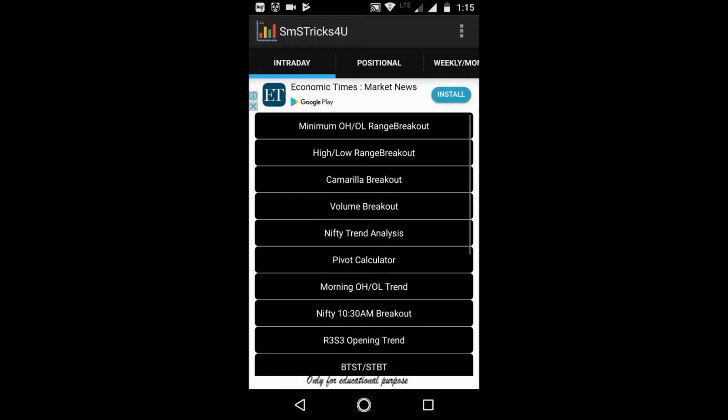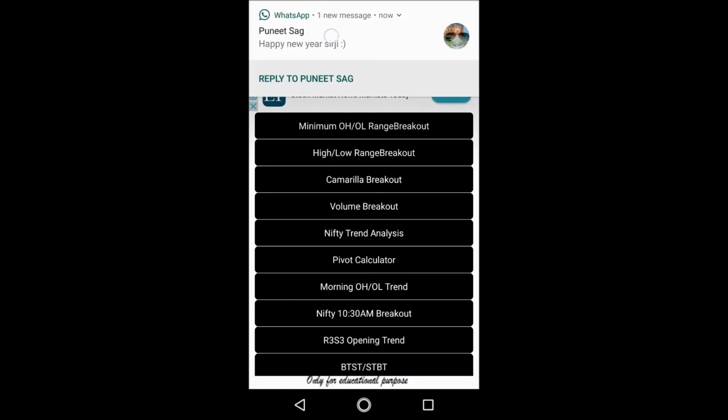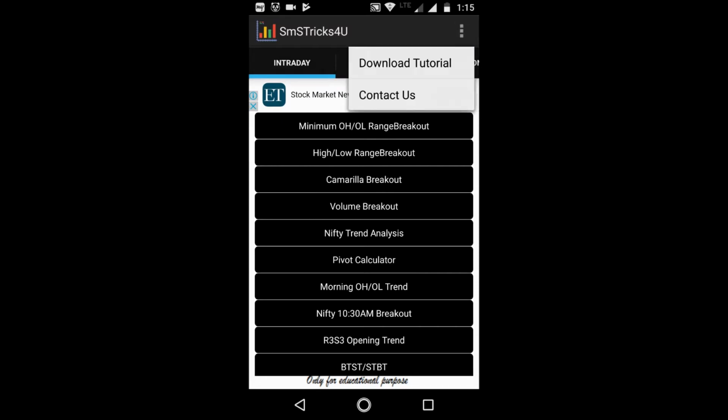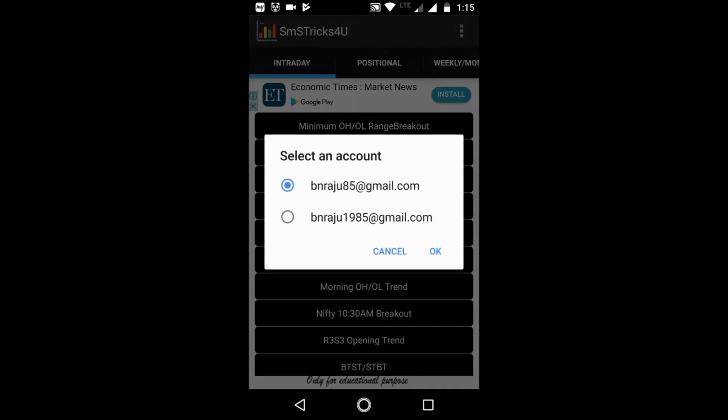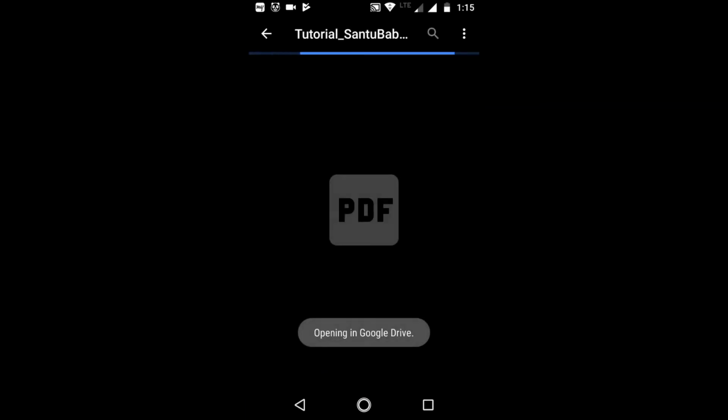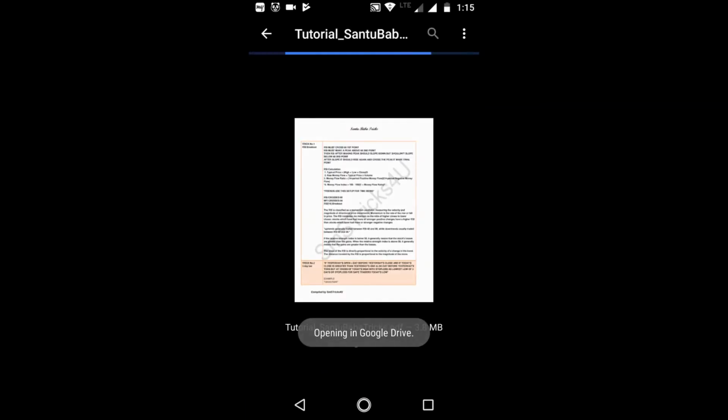Suppose you don't know anything about technical analysis, you don't know how to observe a stock and at what level we can enter. So basically, what you can do is firstly download SmSTricks4U, and here on the right side we have a menu option, and in this menu you can find a download tutorial. Just click on the download tutorial, and a PDF file will get loaded.